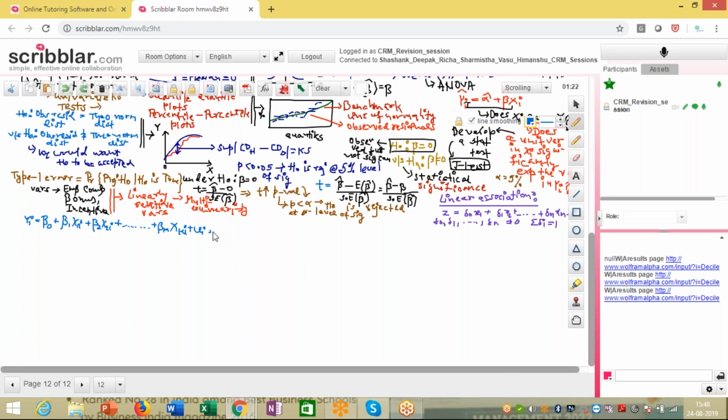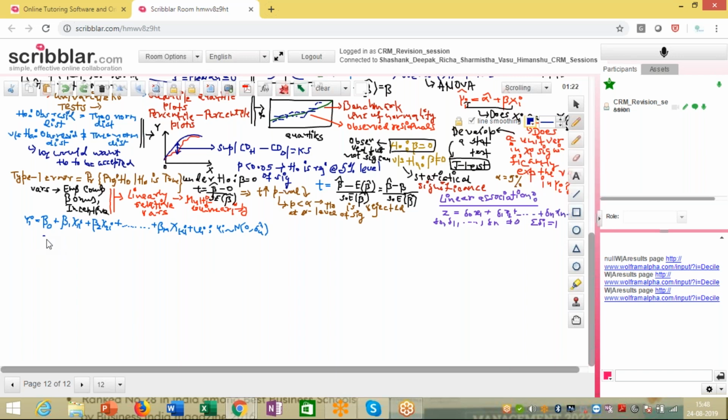As we know, this error term ui follows a normal distribution with mean 0 and variance sigma square u. Now the next question is, if the xi's are linearly associated, what will happen?